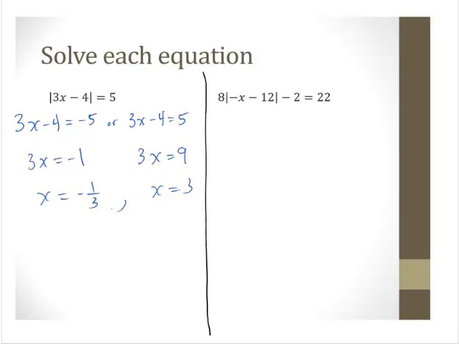Let's look at the second equation on this slide. We have 8 times the absolute value of negative x minus 12, subtract 2, is equal to 22. The first thing that we need to do is isolate this absolute value expression. To do that, we will first add 2.